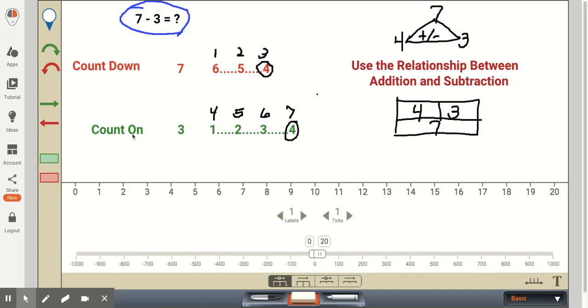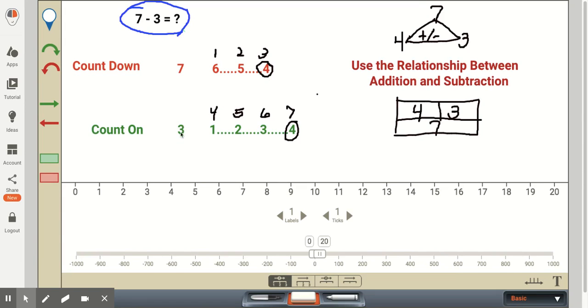Another strategy is counting on. Using this same example of 7 minus 3, we're trying to find the difference between 7 and 3. So for the counting on strategy, students would start at 3 and count up to 7.